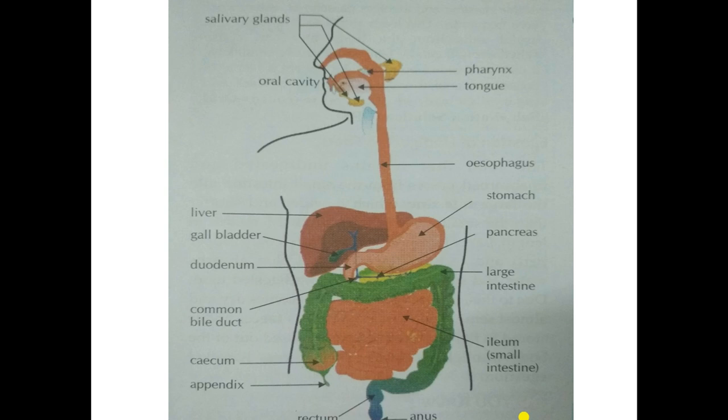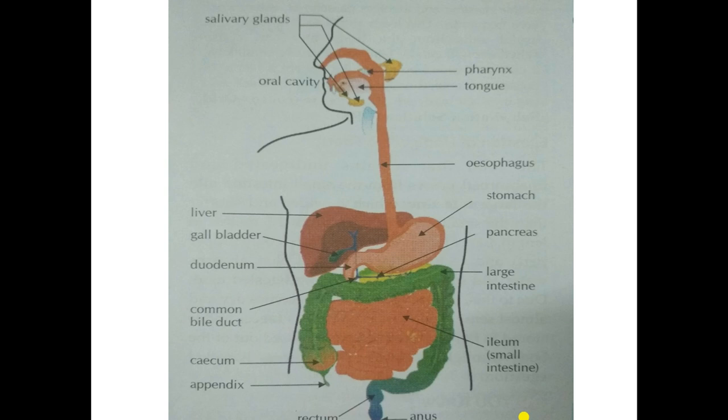What is the function of the gallbladder? For a temporary basis it stores the bile juice, and from here the bile juice passes to the small intestine. And are you able to see the slight yellow portion below the stomach? This is the pancreas, and the pancreas secretes pancreatic juice which also goes to the small intestine, and the small intestine also has its own intestinal juice.